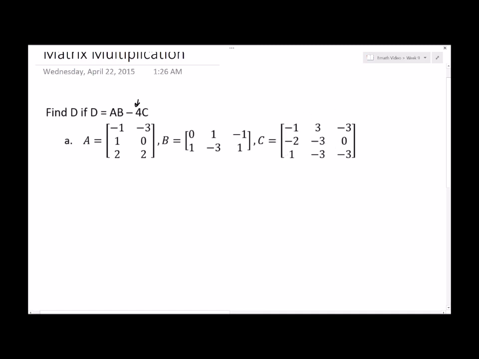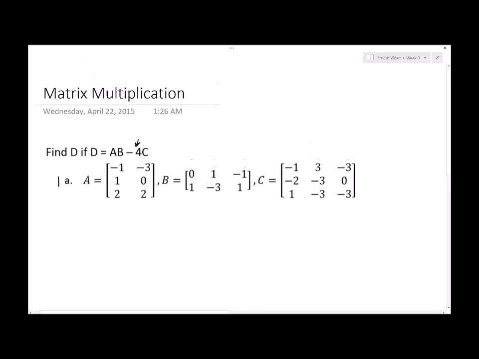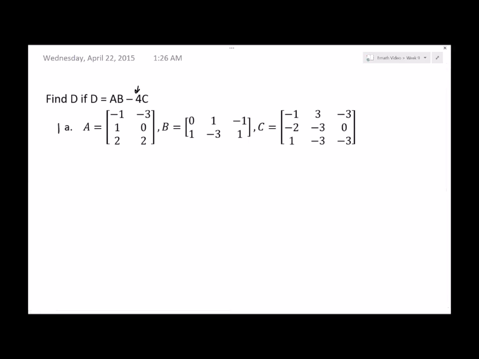Alright, but when you're multiplying two matrices together, you have to follow certain rules. Let's call the output E equals AB.